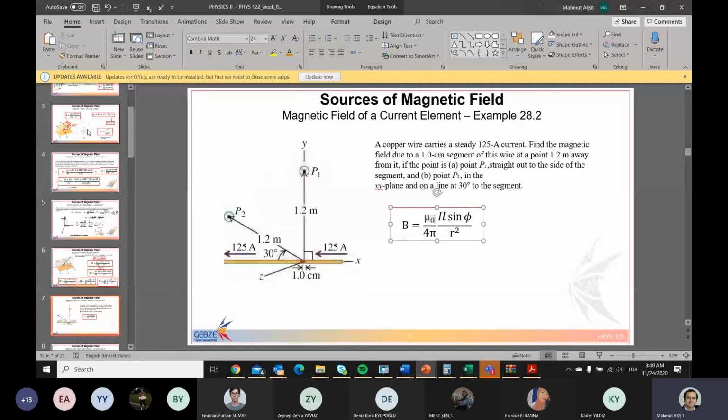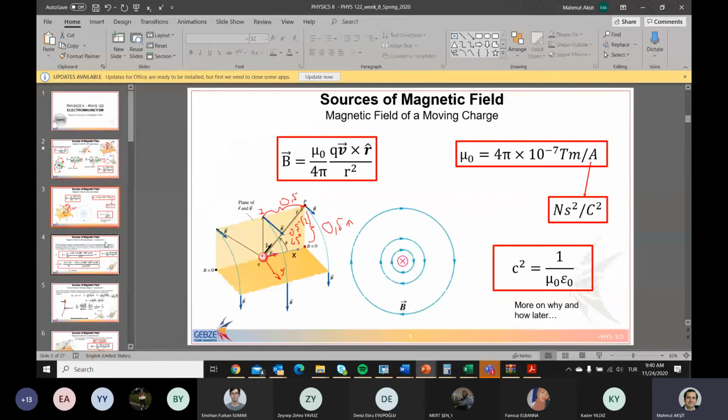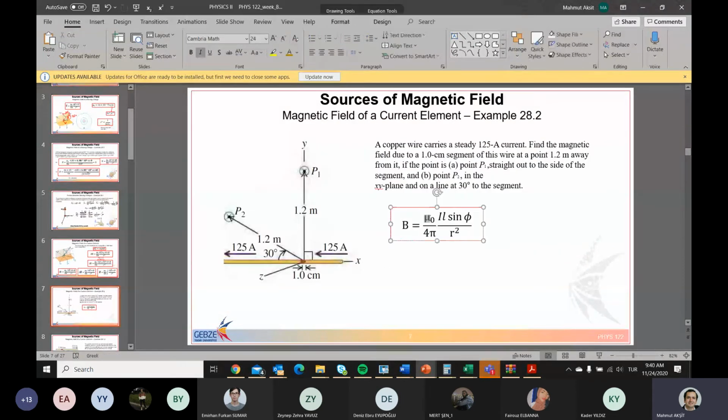So here mu 0 is 4 pi times 10 to the minus 7 Tesla meter per ampere. That was the units. You have 4 pi there. The current is 125 amps.